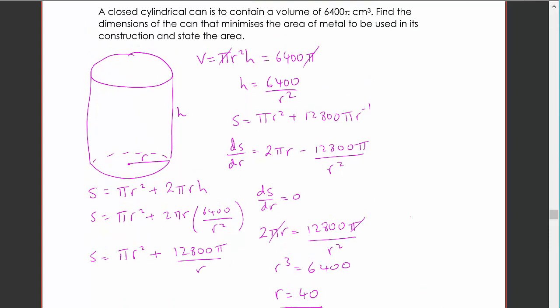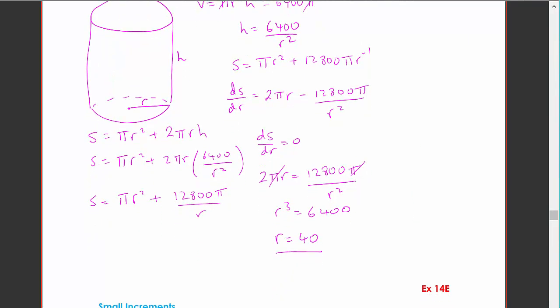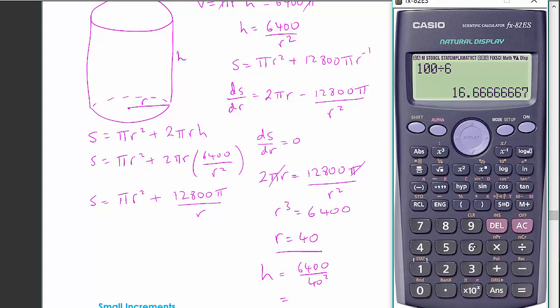So what were we after? Dimensions of the can. So if r is equal to 40, h is going to be 6,400 over 40 squared. So 6,400 divided by 40 squared. I've just realised how stupid I am to calculate that.